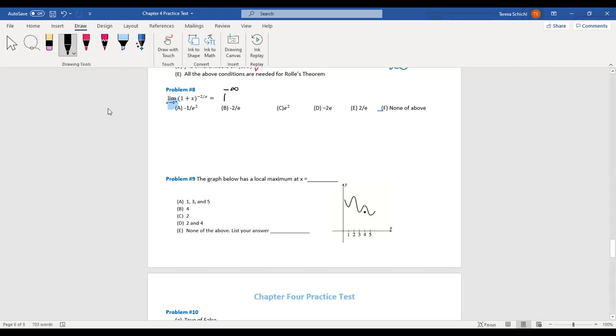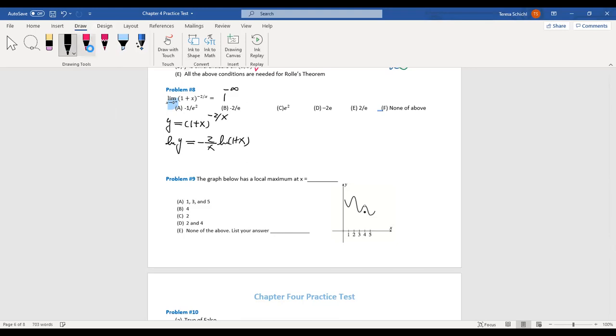We need to use the log form, right? So let's say y is equal to (1 plus x) to the negative 2 over x, right? And then we take the natural log of y, so it will be negative 2 over x times natural log of 1 plus x.